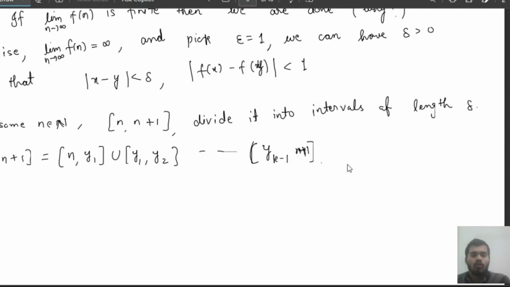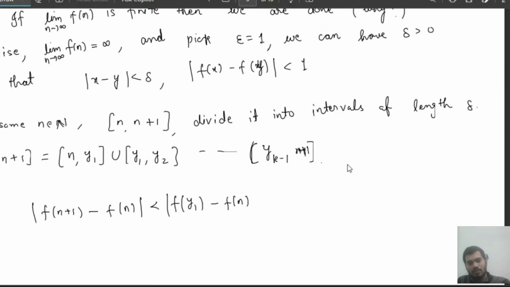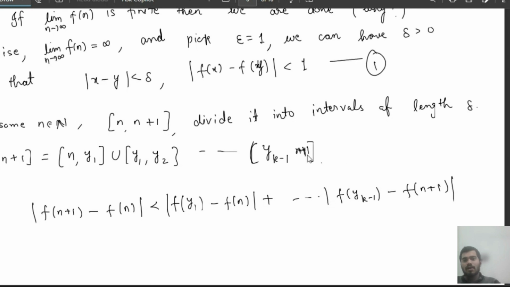Now, what will happen with this quantity? I can write this using the triangular inequality, right? Is it correct or not? Yes, sir. Since the length of all these intervals is less than delta, by this equation 1, all of these have to be less than 1, right?